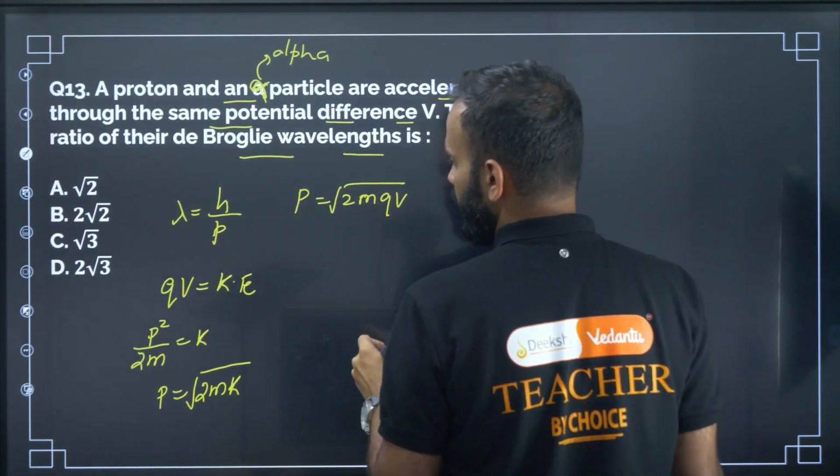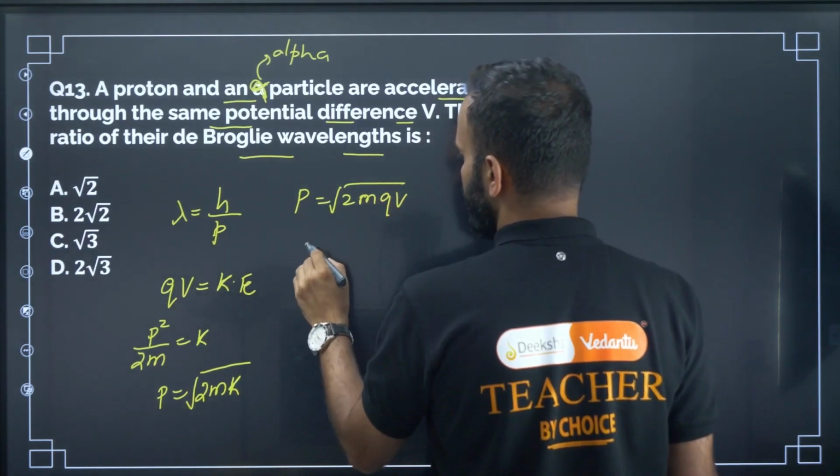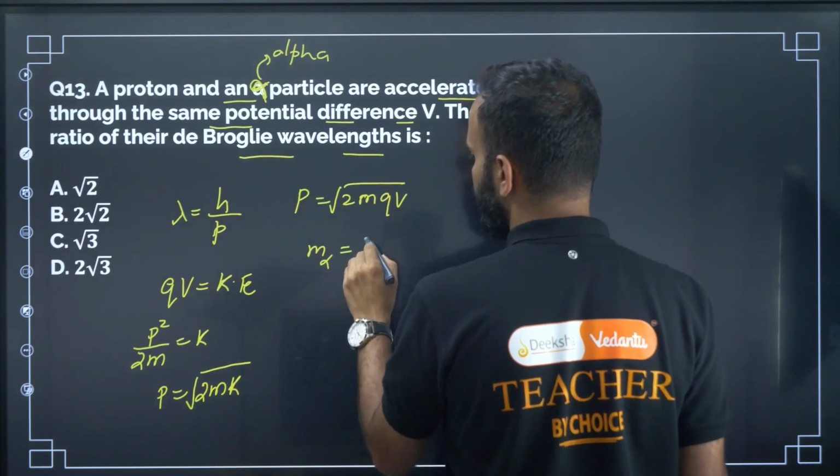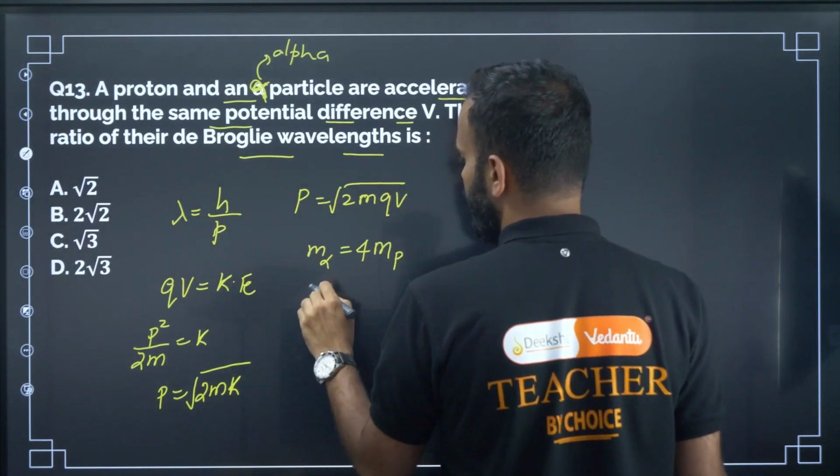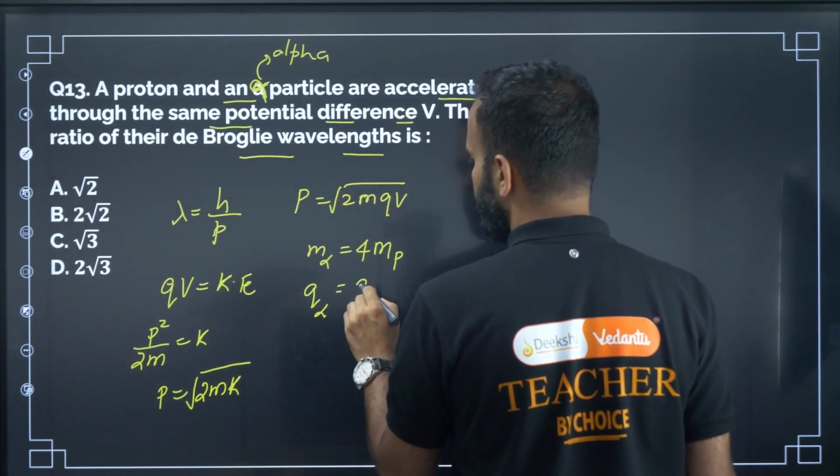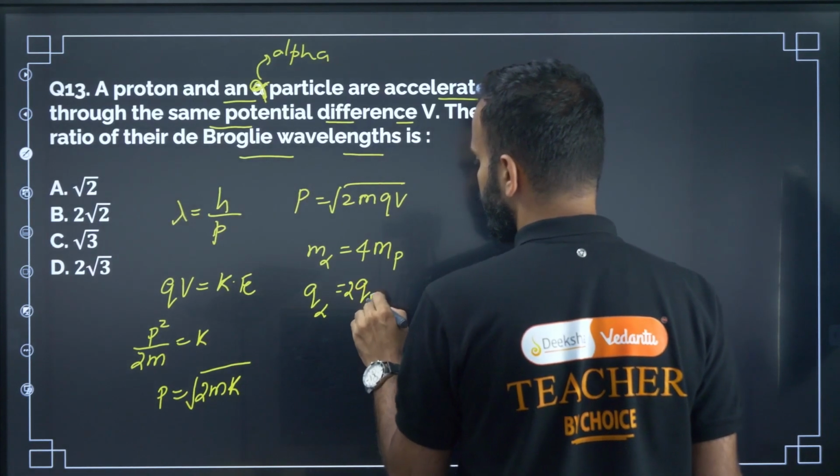Okay, so here the mass of the alpha particle is 4 times the mass of the proton, and the charge of the alpha particle is equal to 2 times the charge of the proton.